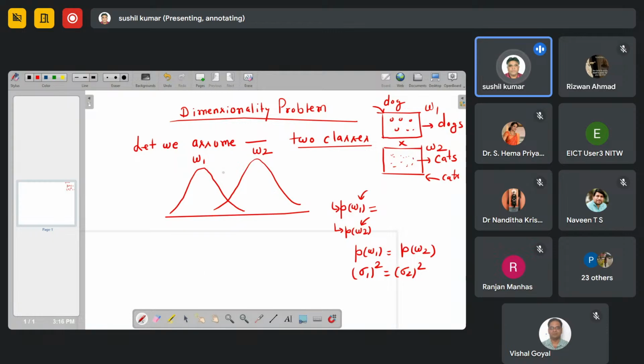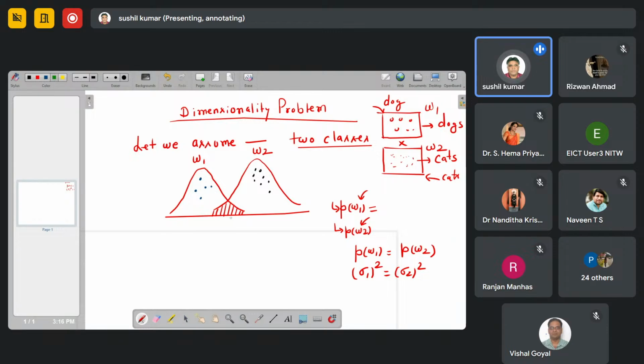Then it is very difficult. The problem I am discussing is this region. If a value is at this place, it is very easy to identify that this point belongs to omega 1, and if it is at this place, it is also very easy to identify that it belongs to class omega 2.